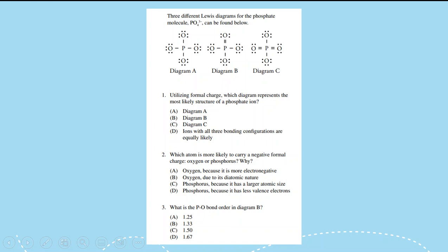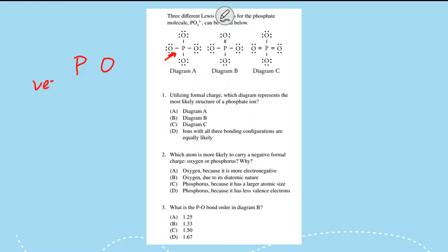And mainly, you should really focus on the single bond ones, the double bond ones, and then you really only have to do 2 calculations for this because they're going to be the same. So this one right here, this P to O, for just the regular single bond.